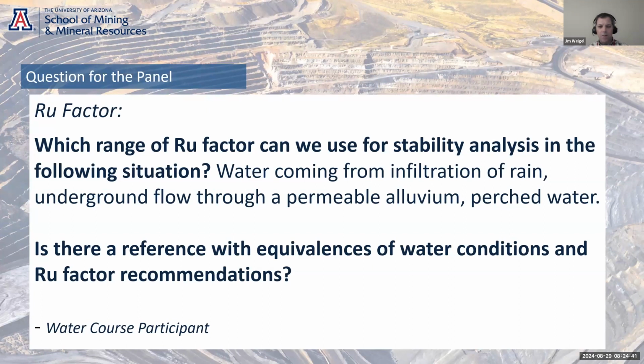My recommendation would be to fall back on your instrumentation and try and develop it for your site, because all sites are different. The RU is going to be affected by the permeability, so how fast the water is coming in and how fast it's able to come out the other end too, so you're not building up those pressures.